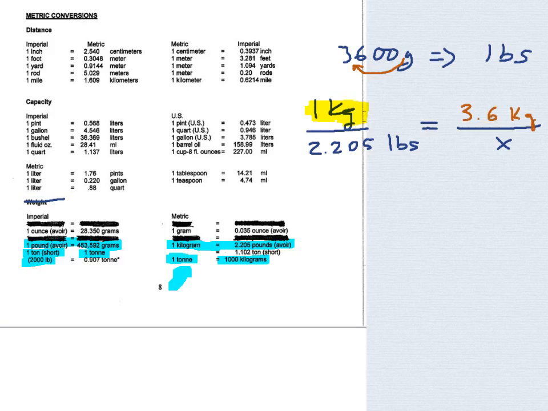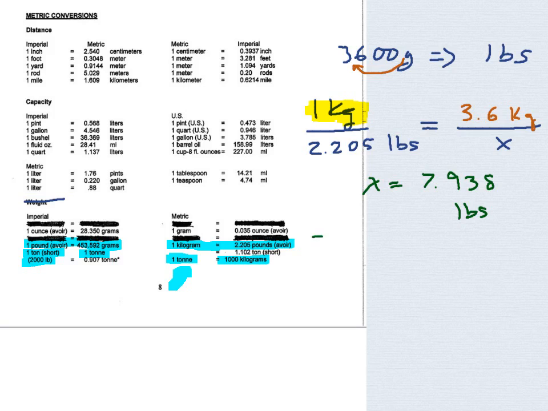So you had to do a two-stepper to get that one to work. To solve the math, you're going to cross multiply 3.6 times your 2.205, and you're going to get an answer for x. That's going to be 7.938 pounds.